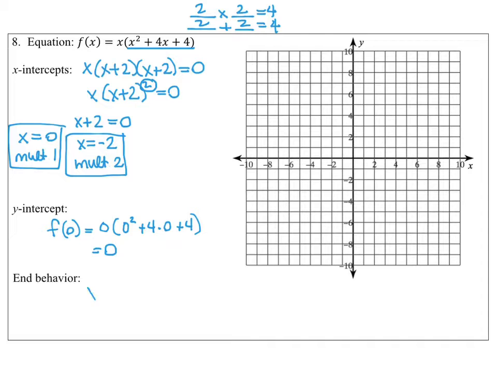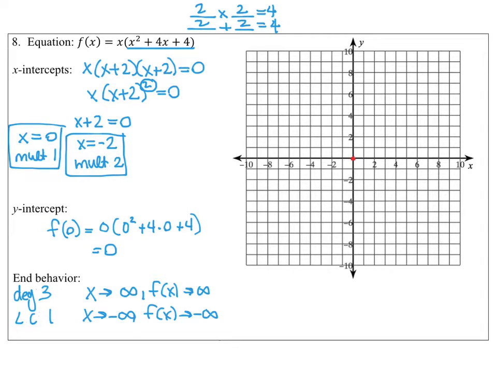And the end behavior, I have an odd degree. I have a positive leading coefficient. So as my graph goes to the right, I'm going up. As I go to the left, I'm going down. When I go put this on my graph, I'm going to put my x-intercepts on.